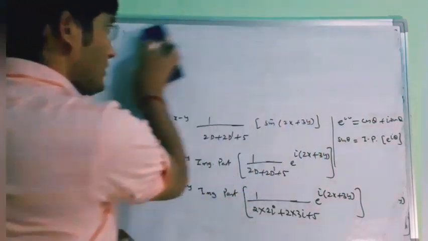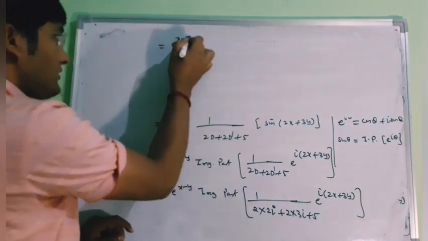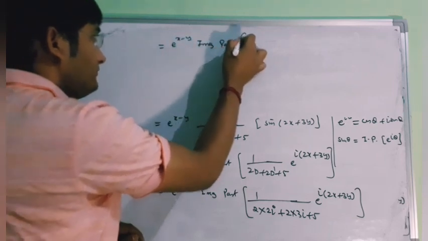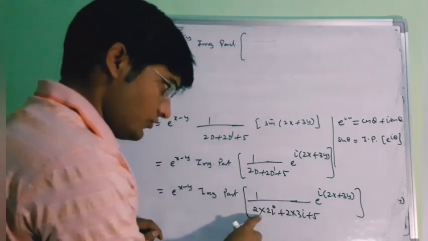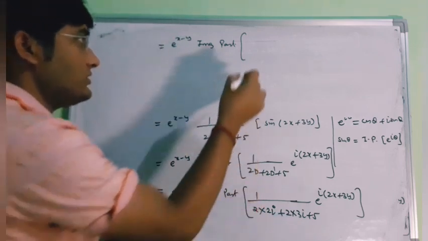So this is equal to e to power x minus y, then in the bracket we have the imaginary part of, now this is your 4i plus this is your 6i, that means 10i plus 5.